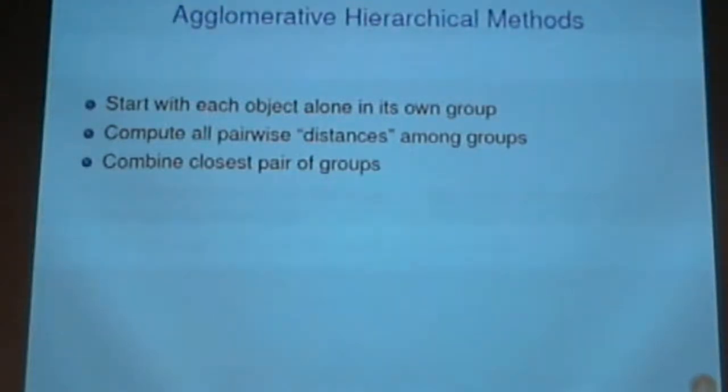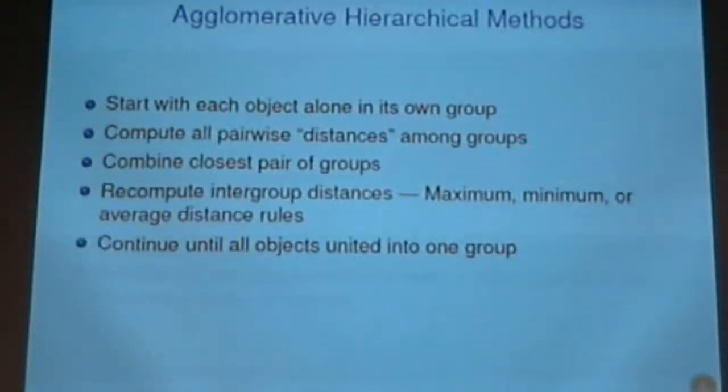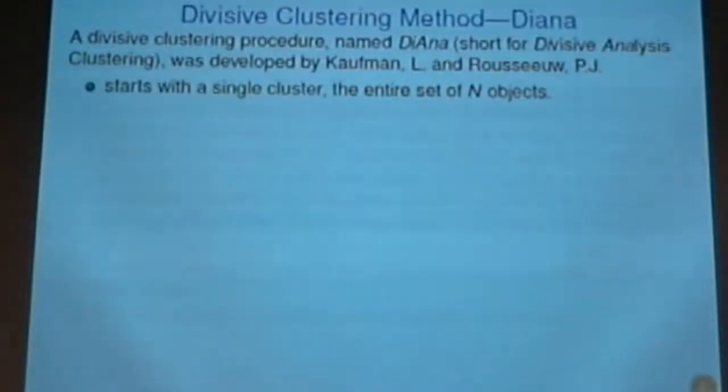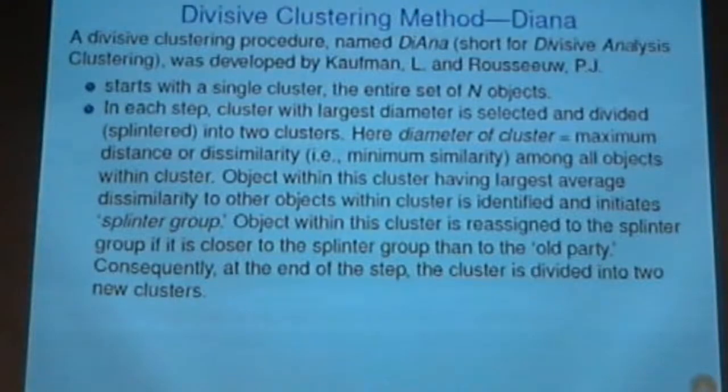In R, in the standard distribution in the stats package, we have a function called hclust for hierarchical cluster. So we will see an example anyway. And we talked about the divisive cluster method already.